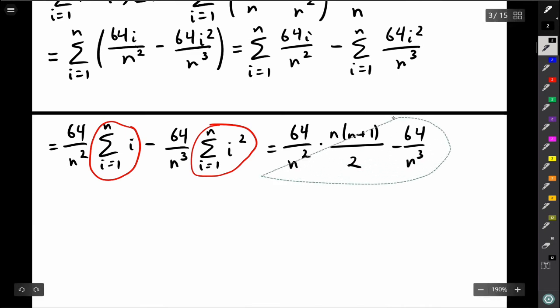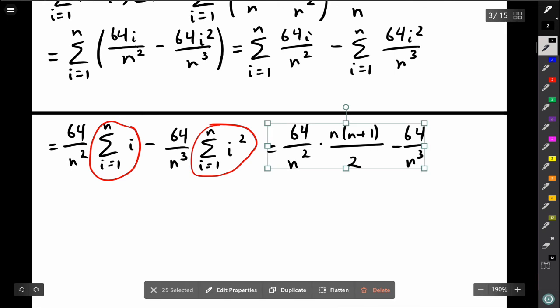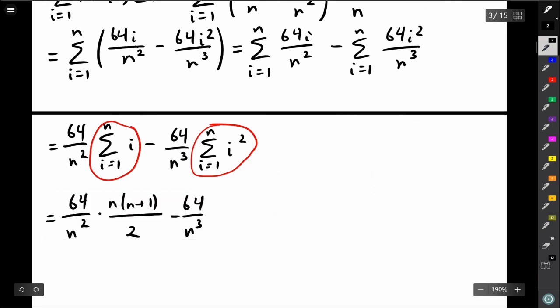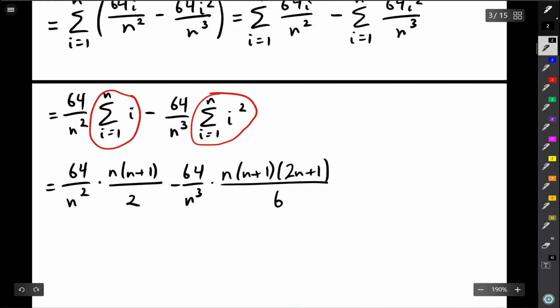Maybe we should move this to the next line. So the I squared sum is n plus 1, 2n plus 1 over 6.